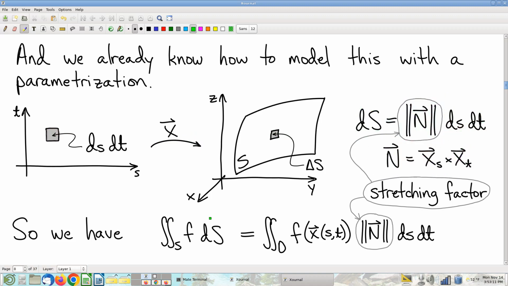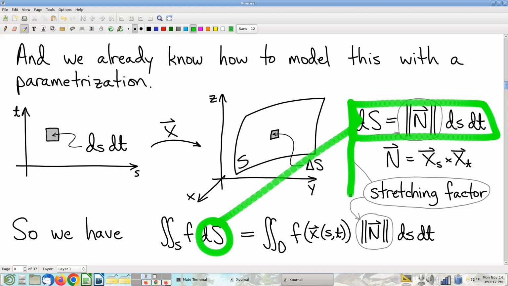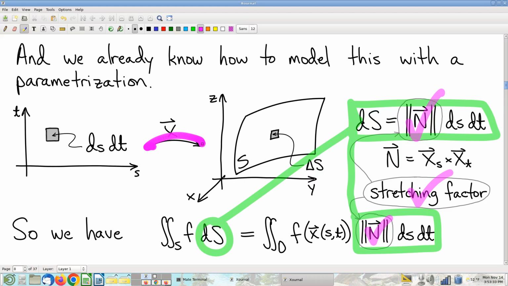So if I want to compute this integral right here, well, dS is magnitude of capital N times ds dt, as we saw in the last section. And magnitude of capital N is something that you can compute, this stretching factor. You can compute it by looking at the parameterization and following the usual rules.